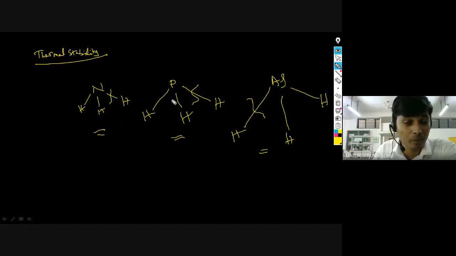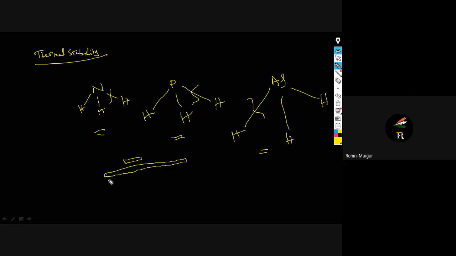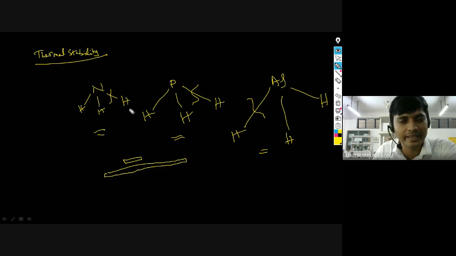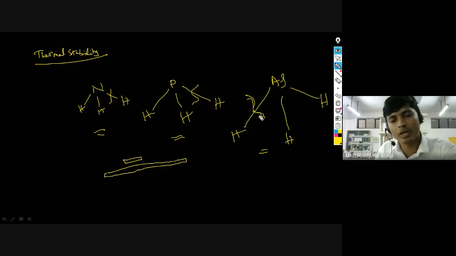NH3. Okay, if you have a small stick and a long stick, which one can you break easily? Long stick, sir. Then now you tell me, in NH3 and AsH3, which bond can be broken easily? AsH3. The As-H bond can be broken easily because the bond length is more.